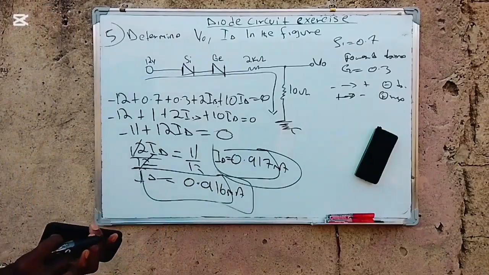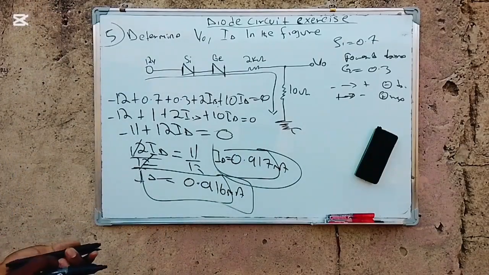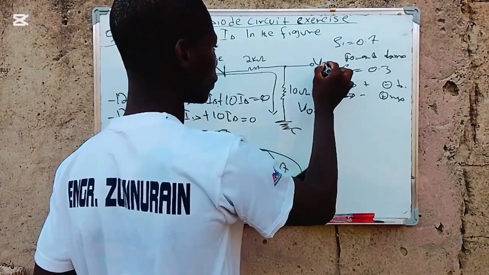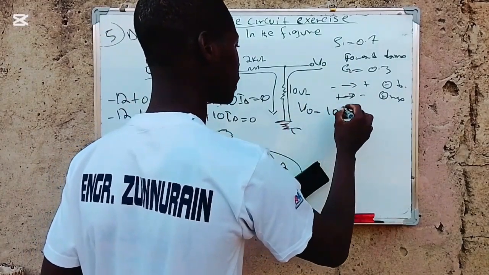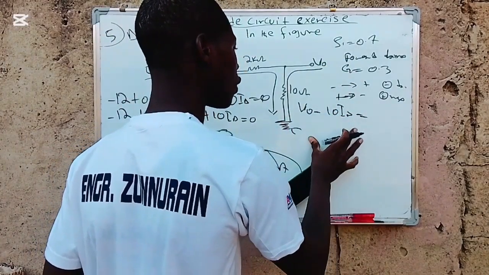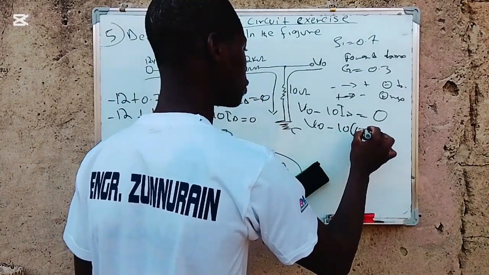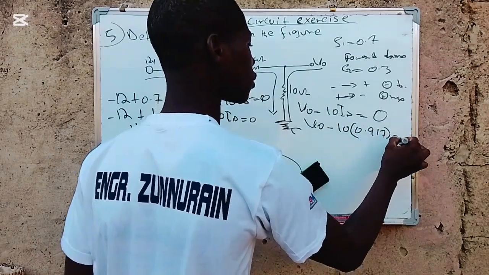So the next thing that we are going to do, we have to determine this V naught. So this V naught minus 10 ID should now be equal to 0. So V naught minus 10 multiplied by 0.917 is equal to 0.